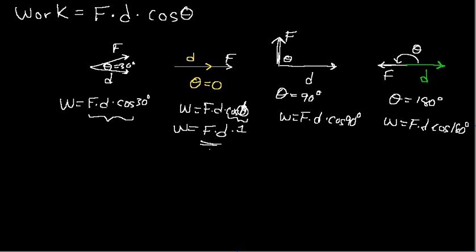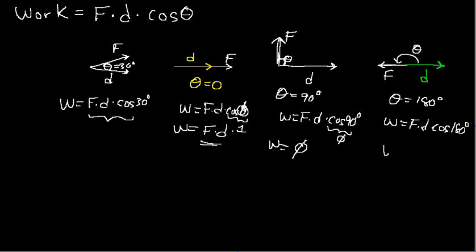It's simply F times D. If the force is perpendicular at 90 degrees to the displacement, then the cosine of 90 happens to be 0. So the work done in this case is always 0. No work is done by a force perpendicular to the movement.